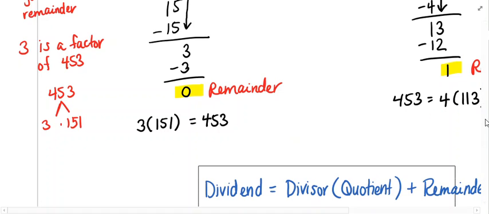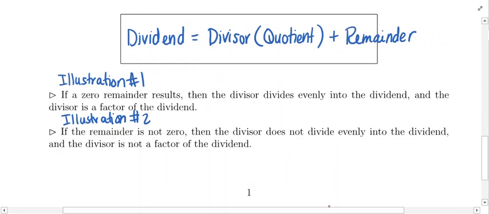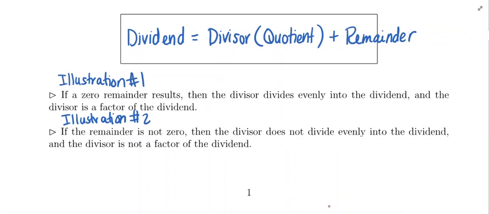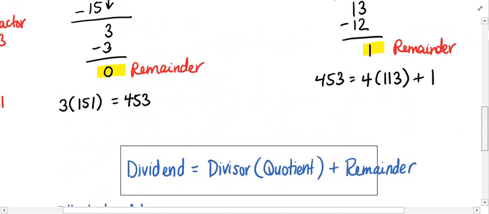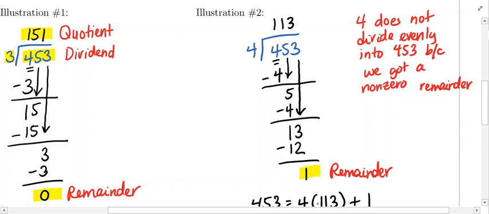If you look at the second statement here, if you're dividing and you do not get a 0 remainder, then the divisor does not divide evenly into the dividend, and the divisor is not a factor of the dividend. So if we look at the second example where we divided 4 into 453, we ended up with 1 as the remainder, a non-zero remainder.